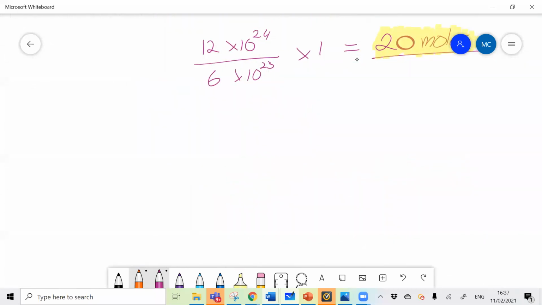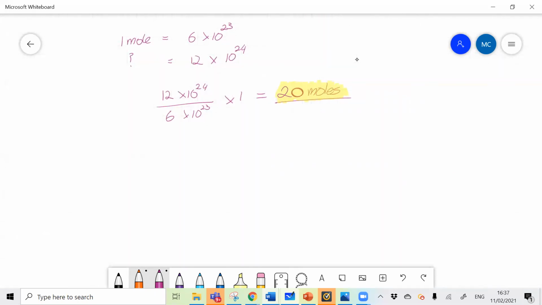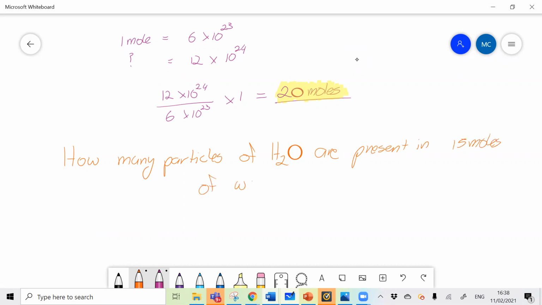So let's work another one. And again, we're going to first have some time to work it out. And I will leave this one for you to consider, okay, and compare with. And then we'll work it out together. So, how many particles of water are present in 15 moles of water?